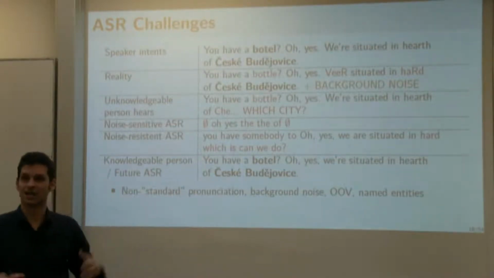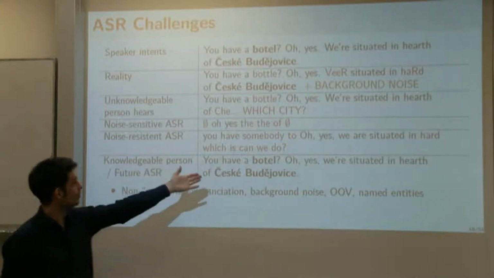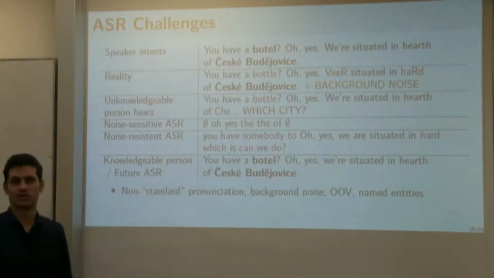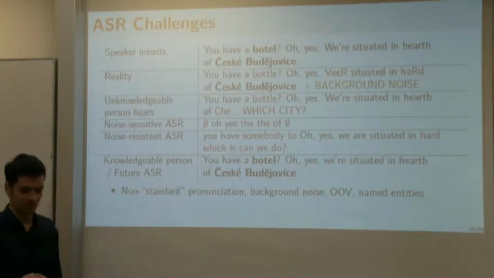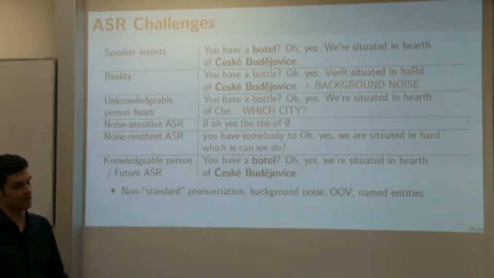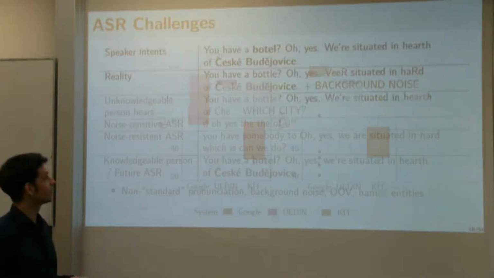The ideal output, the thing that we were hoping for, and maybe a knowledgeable person would be able to understand, would be to recognize what the user wanted to say: "You have a bottle," and then České Budějovice. So there is a number of problems, and all of them play against us.